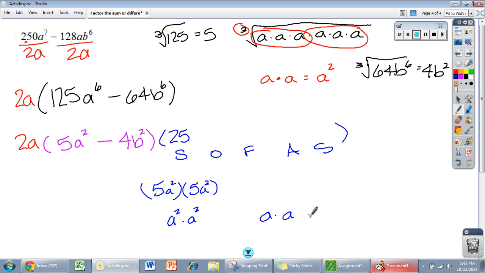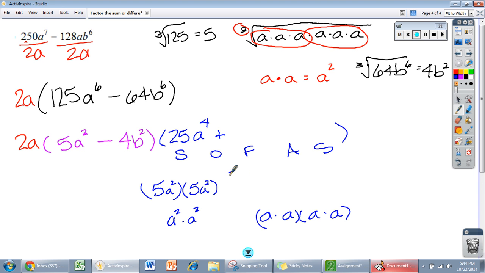If you need a visual approach, a squared is a times a, and we're multiplying it by a times a, so that's a total of 4 a's. So we're talking about a to the 4th. Same base, add your exponents, and it comes up with 4. Opposite sign, so that negative is going to turn positive.